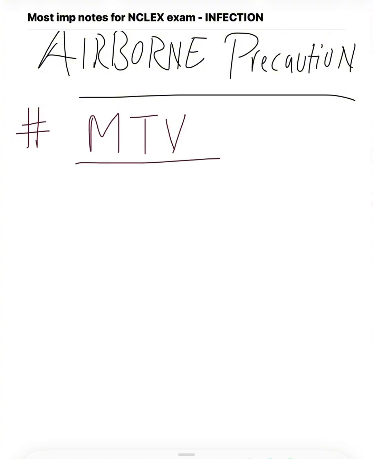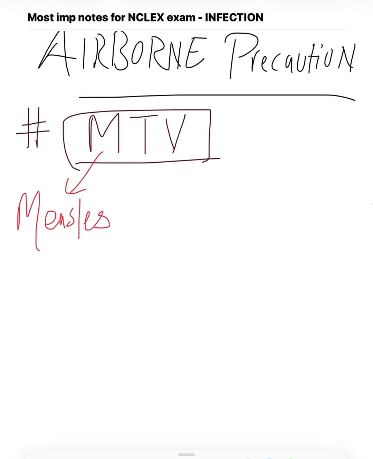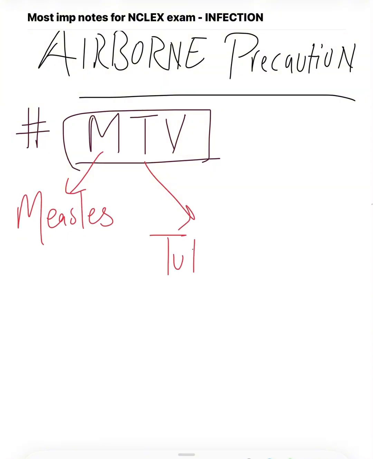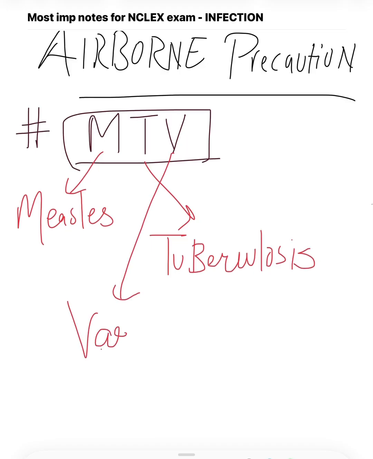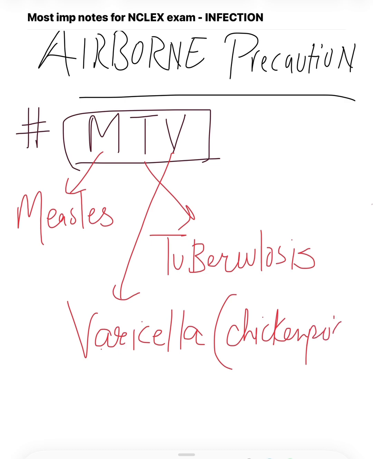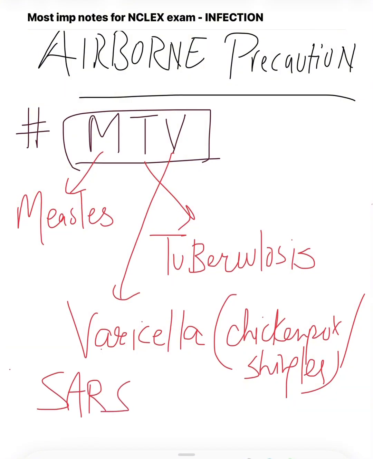M stands for measles, T stands for tuberculosis, and V stands for varicella, that is chickenpox and shingles. And also here is SARS, severe acute respiratory syndrome.